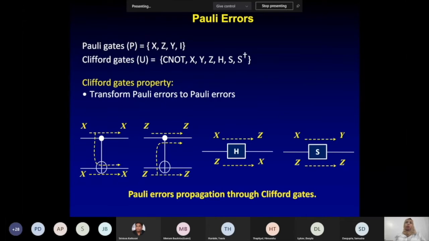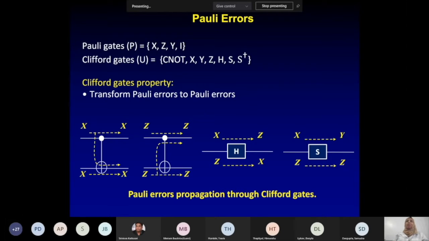And so we all know quantum computers are susceptible to different types of errors. And one of these error types is gate error, which is modeled as a Pauli error channel. Now, in order to understand how these Pauli errors propagate and spread into the quantum circuit, we define the Clifford gate, which is a special subset group of quantum gates, which has a very interesting property here: they transfer Pauli errors to Pauli errors.